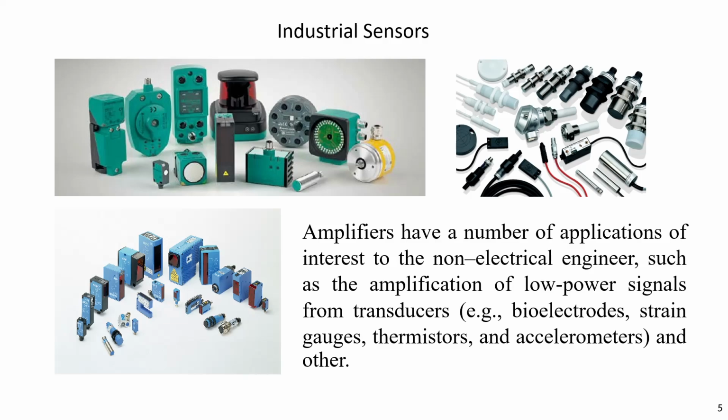Sometimes we need to increase the magnitude of that signal. We use this type of circuit, which we call an amplifier. So today we will mainly talk about the amplifier.